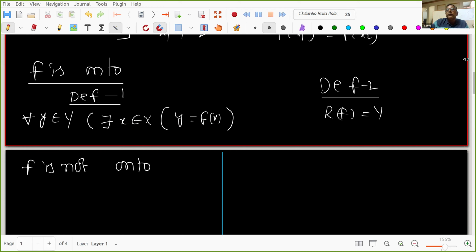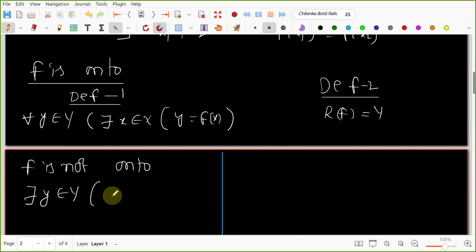Shivam Kumar. There exists y belongs to Y for which x does not exist belonging to X. Not exist means what? I do not know that. This is not the way to tell.